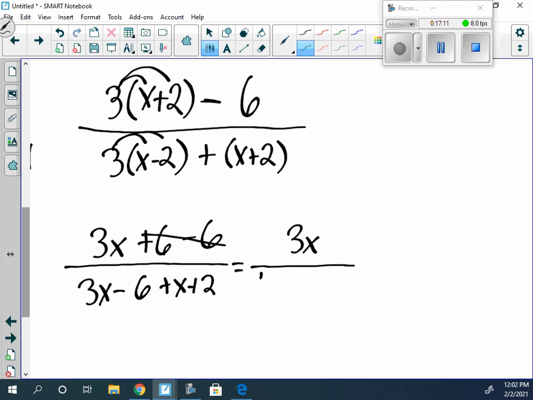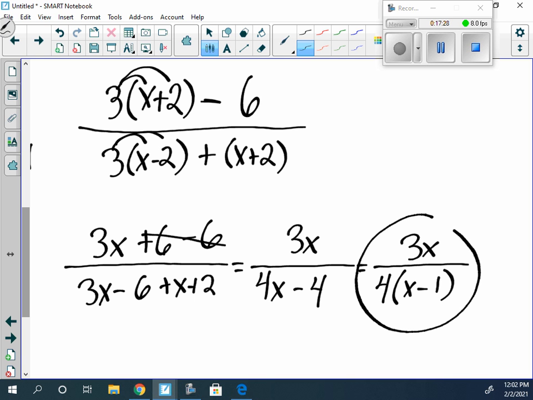Well, 3x plus x is, negative 6 plus 2 is, there is a greatest common factor of 4 on bottom. So we'll factor it out, which leaves us with an x minus 1. And that gets us to this here.